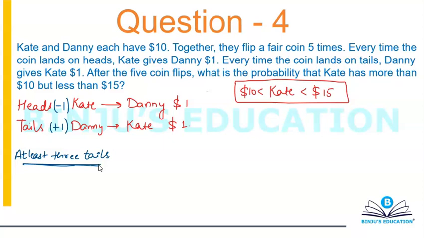Now, if you're flipping a coin 5 times, let's say we have flip 1, flip 2, flip 3, flip 4, and flip 5. Every flip will give me 2 possibilities. Either I can have heads on the top face or tails on the top face.